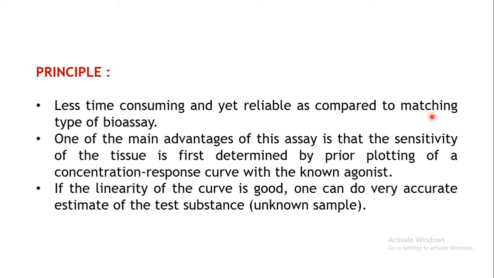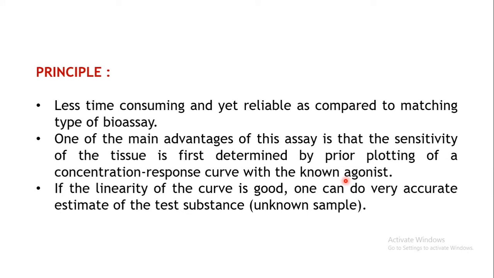In a sense, the advantage of this assay is that you check the sensitivity of the tissue, which is not done in the matching type of bioassay. That's what we have seen, a drawback of the matching type of bioassay. In interpolation bioassay, you check the sensitivity of the tissue by carrying out the DRC, dose response curve, or the concentration response curve of a known agonist. That is a standard preparation, a standard drug of which you know the concentration.